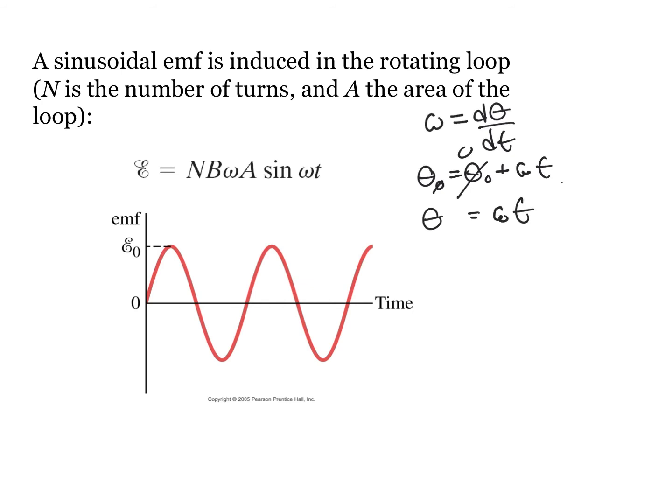So how to get the formula for NBA omega sine omega t? First thing first, you use Faraday's law, negative d flux B over dt. The magnetic field B and area A don't change. The only thing that changes is the angle, because the armature is always rotating, 0 degrees, 30 degrees, 90 degrees, something like that. So here we are going to change our formula a little bit.